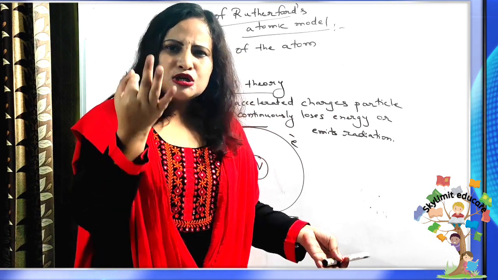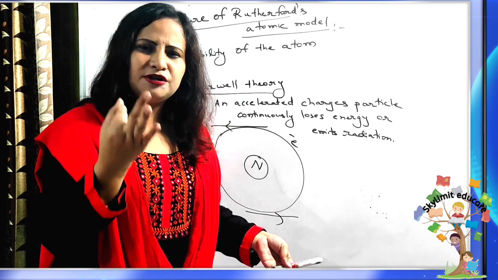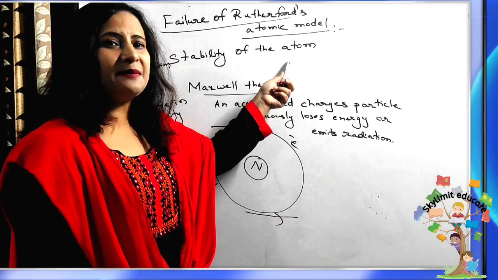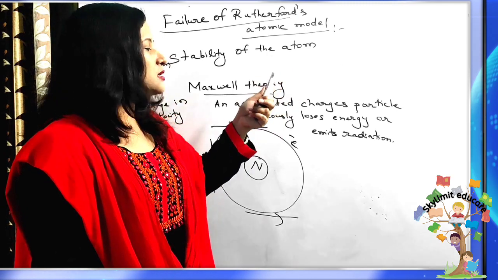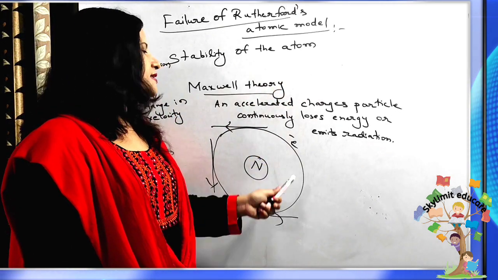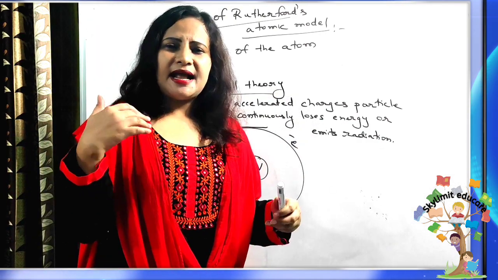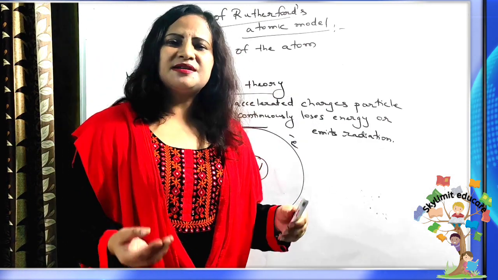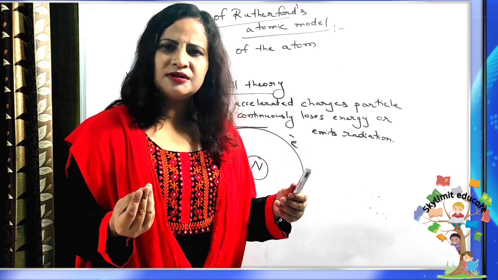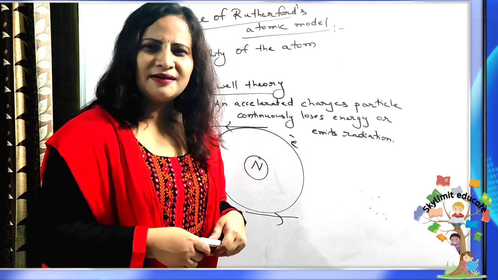Right? So this was a drawback of Rutherford's atomic model, because he failed to explain what? The stability of the atom. Because the electron is a charged particle, and if it revolves around the nucleus continuously, it is getting accelerated. That means the direction of motion is changing. Change of velocity is called acceleration. Yes or no? So a little physics is used here, right?